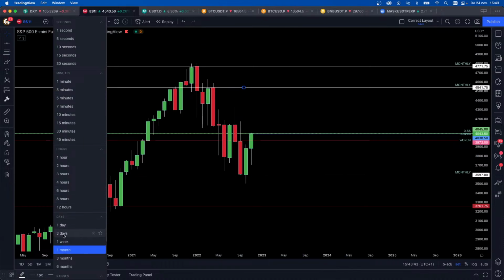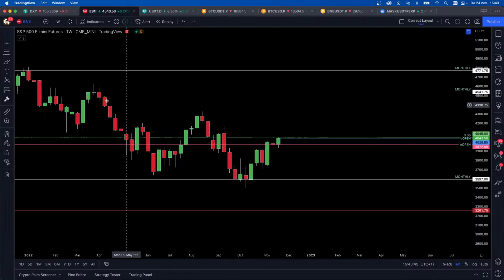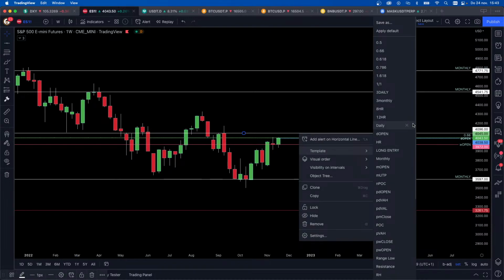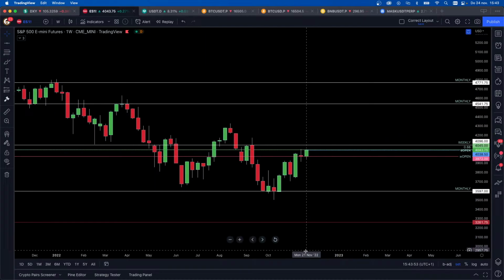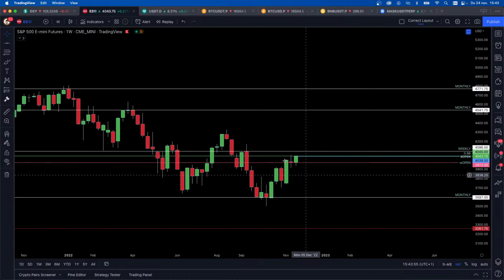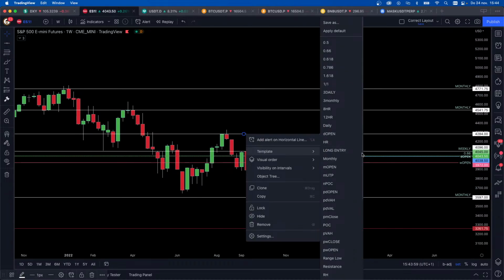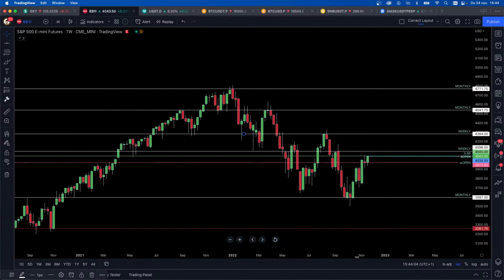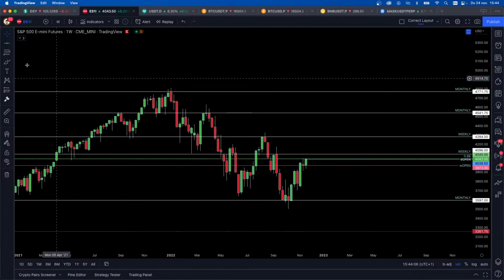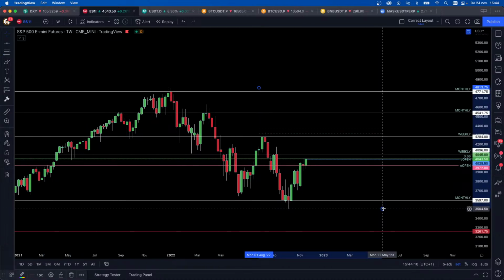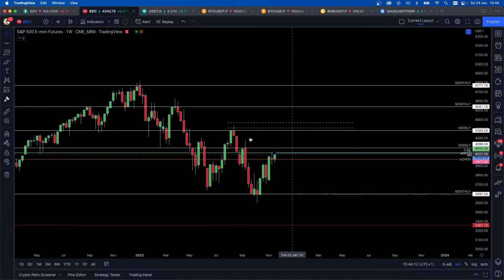So then you go on a lower time frame, a weekly time frame. You have this weekly level over here. So that will act as a resistance. I have another weekly level over here. Then I would like to take my FIBs as well. So you have basically this whole move which you can use to target some FIB.